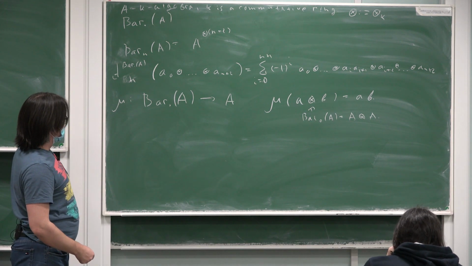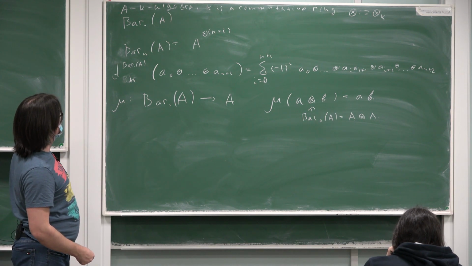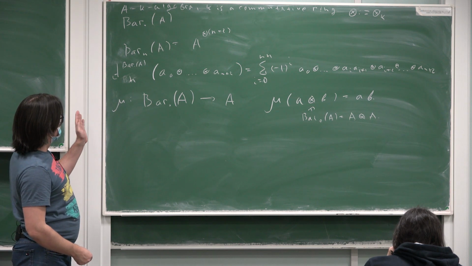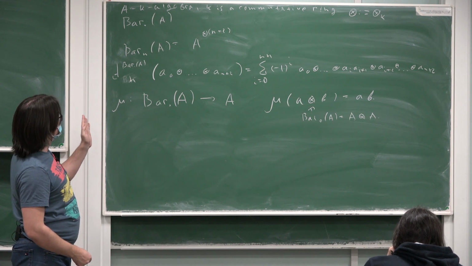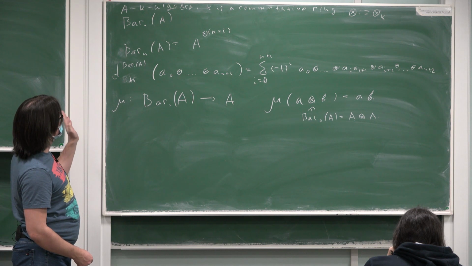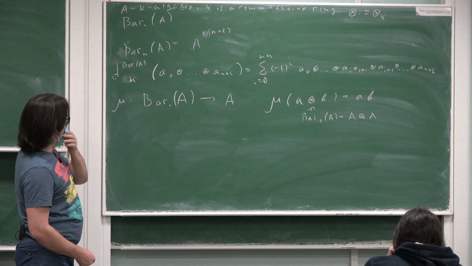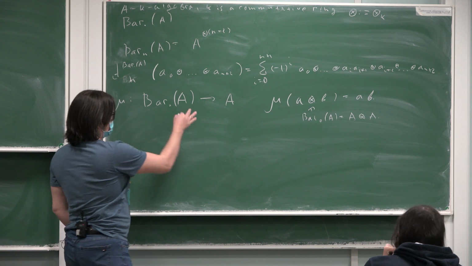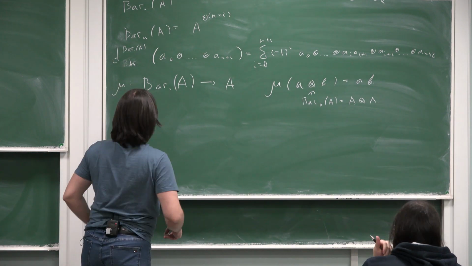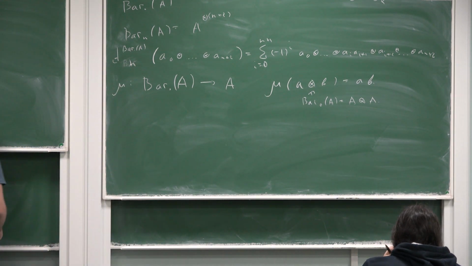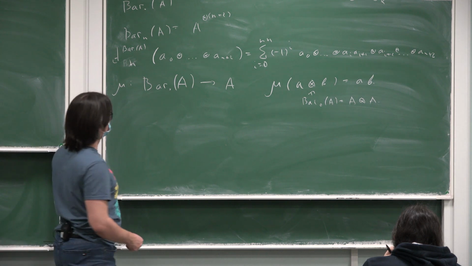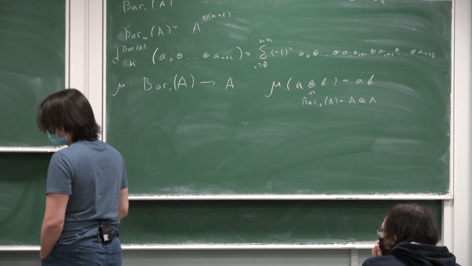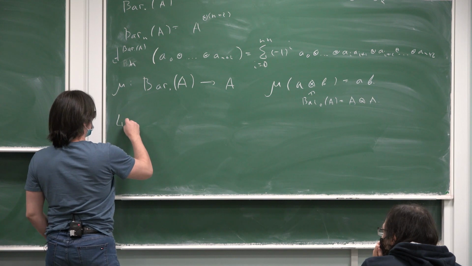Well, so we have defined some complex. At this moment it's a complex of K-modules, and we have defined some map. So we want to show, first, that this map is a quasi-isomorphism.